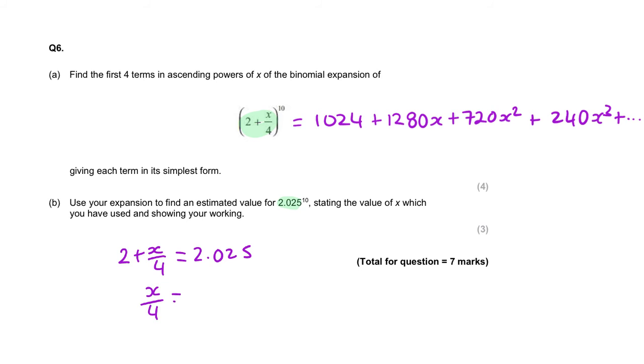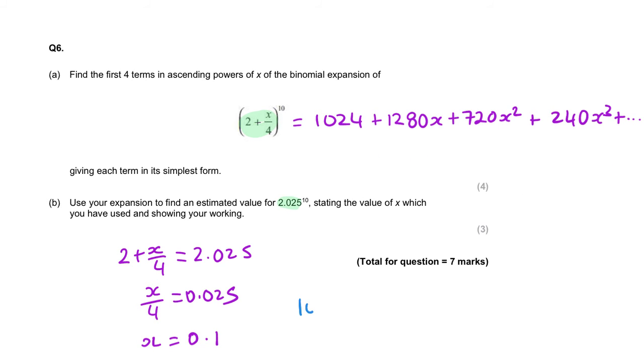So x over 4 equals 0.025. So x equals 0.1. Perfect. So now we have 0.1. We're going to substitute this into our expansion.